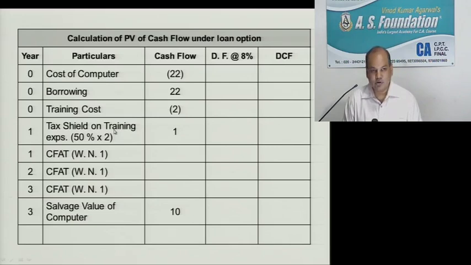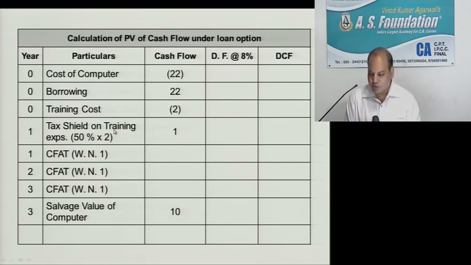Since we are going to follow straight line method of depreciation, the amount depreciated will be cost minus salvage value upon number of years. So after 3 years, the WDV of the computer will be 10 lakh. Sale value is also 10 lakh. So the taxation will be 0, because WDV will be 10 lakh only after 3 years.